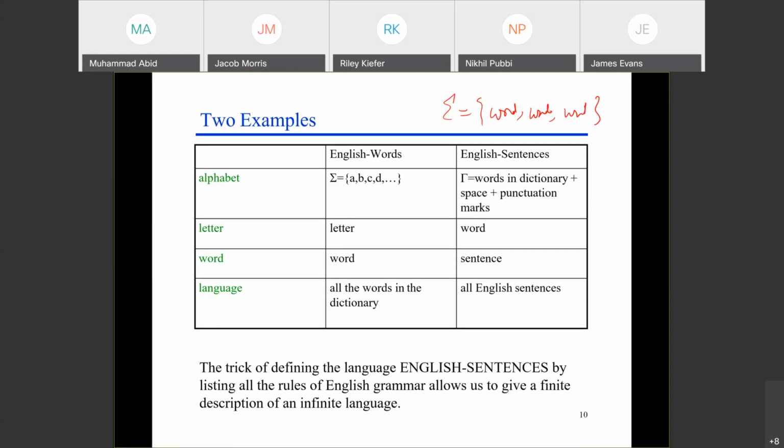So sometimes if you are dealing with something that is not very complex, you do not start making your language from scratch, from letters. You start making your language from words.